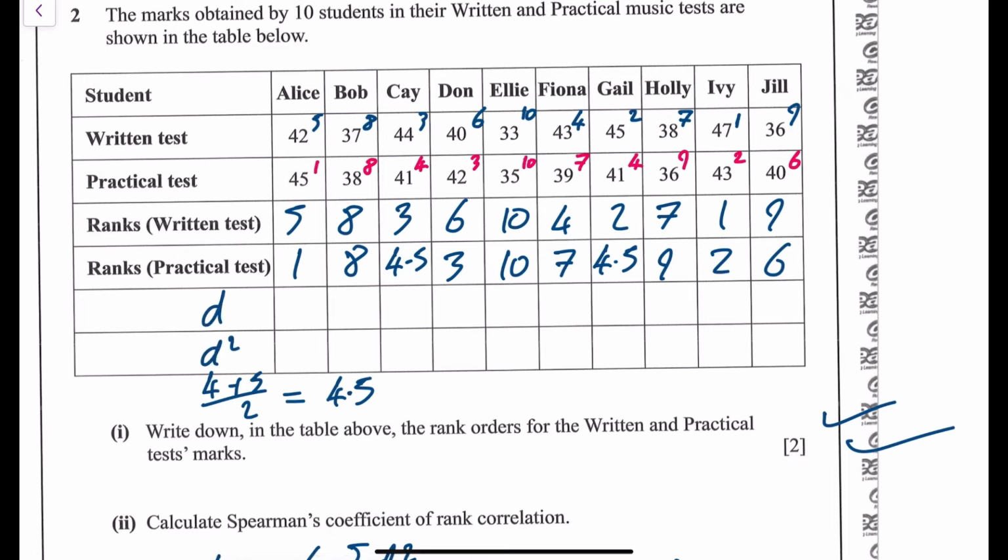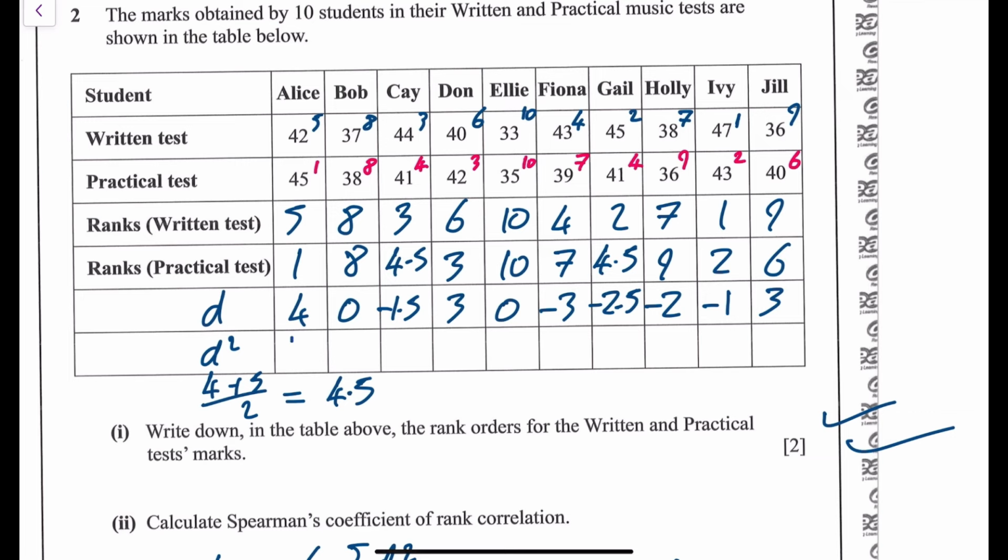So 5 minus 1 is 4, 8 minus 8 is 0, 3 minus 4.5 is minus 1.5, 6 minus 3 is 3, 10 minus 10 is 0, 4 minus 7 is minus 3, 2 minus 4.5 is minus 2.5, 7 minus 9 is minus 2, 1 minus 2 is minus 1, 9 minus 6 is 3.